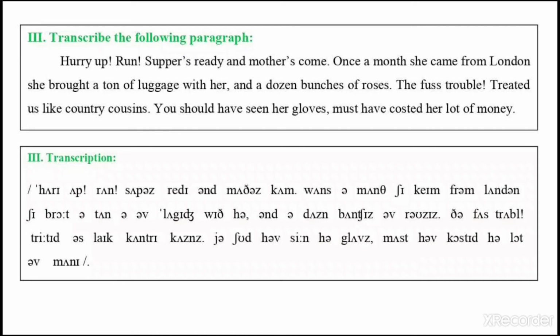Here long O, brought, a with a schwa, ton of luggage. Ton with V upside down. A ton of, ton of luggage. Of with schwa and the v. Ton of luggage. Luggage. So la and at the end we have j.